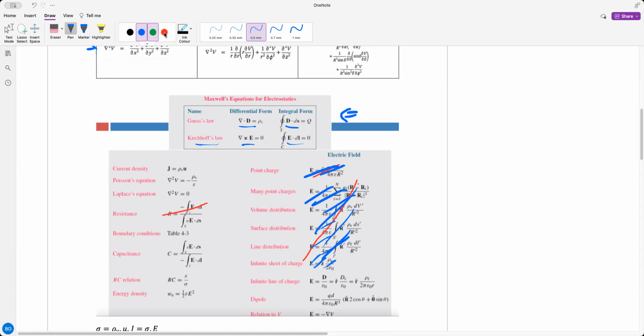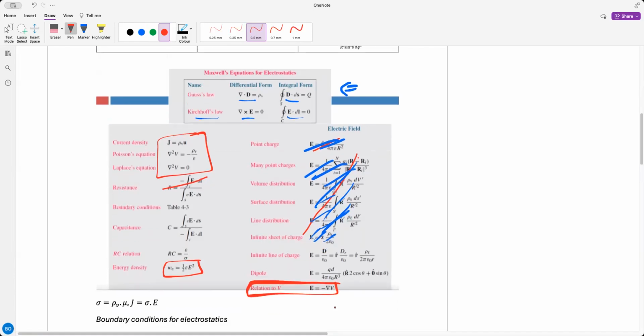What is interesting for me here is this, because this is something new that we did, probably: the energy density in a capacitor, right? And this is the relation of the electric field to the potential.